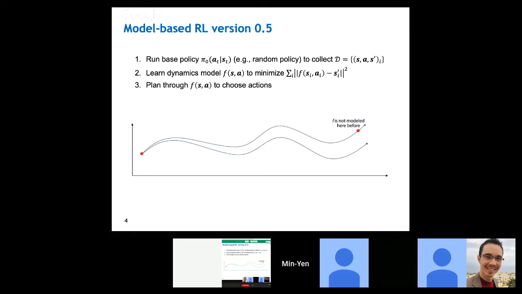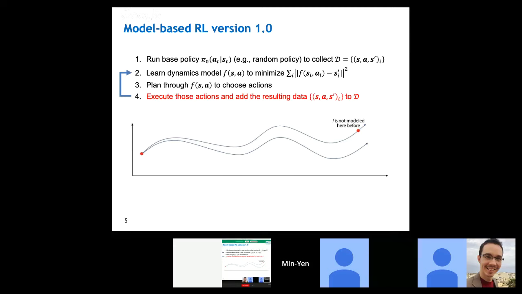When we apply those actions and go to some area that has not been modeled before, then if we plan our actions according to our dynamics model, it might not perform well because of the distribution difference, the mismatch of the data set. So version 1.0 will try to solve this vulnerability to the drifting problem.